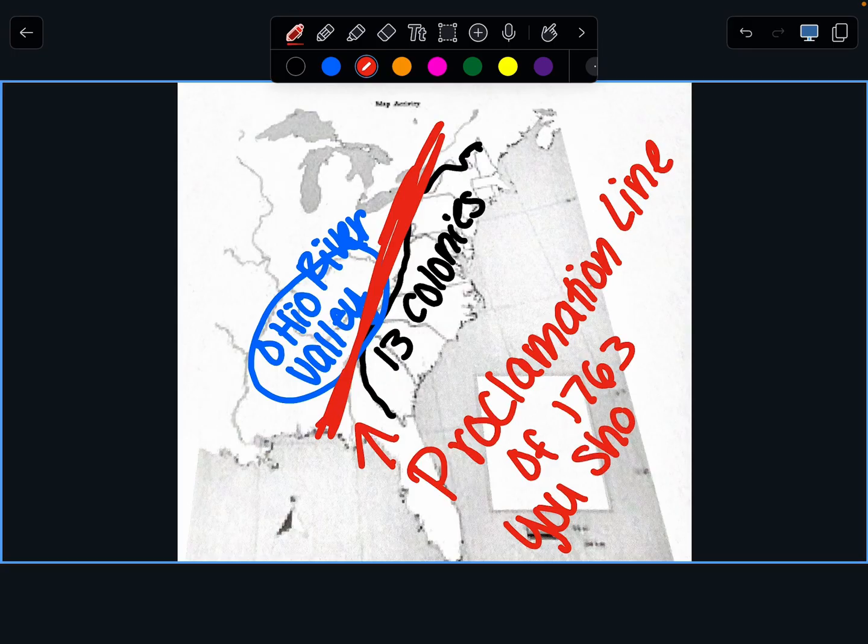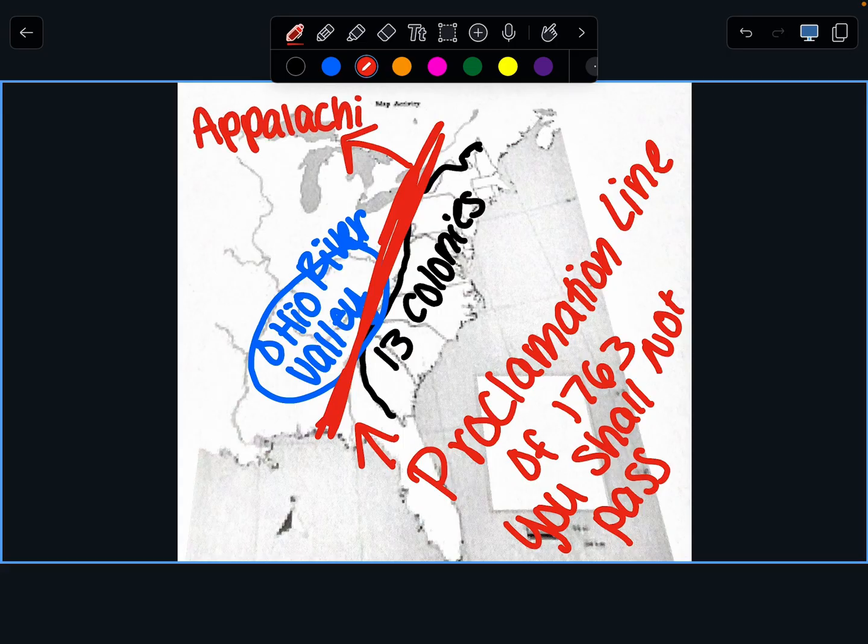You shall not what? Pass. You shall not pass. We can't pass. Okay? What are these mountains called? Appalachian Mountains. So we can't pass the Appalachians. We can't use the Ohio River Valley.